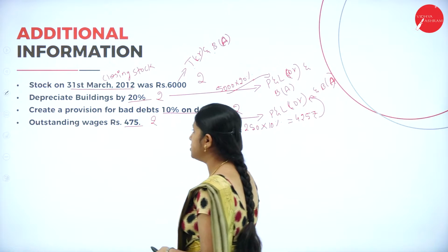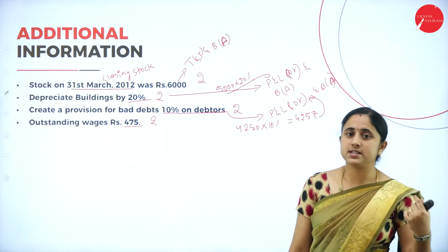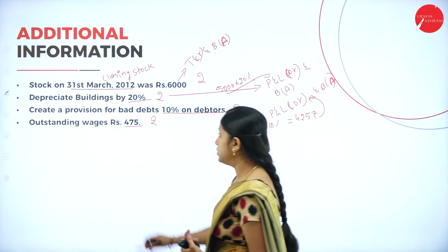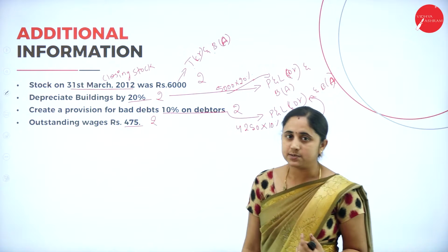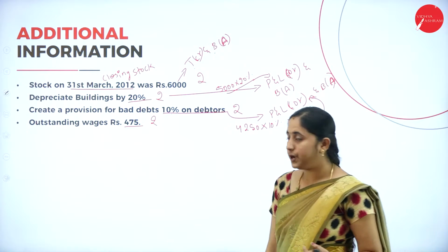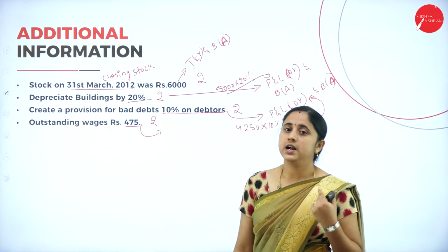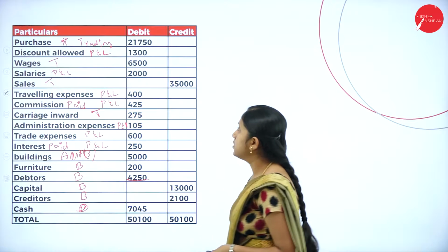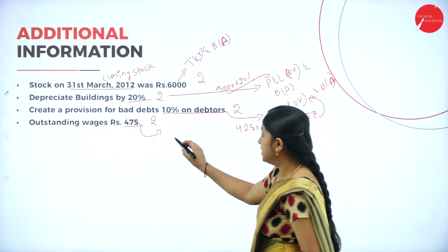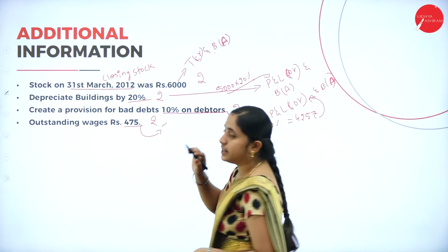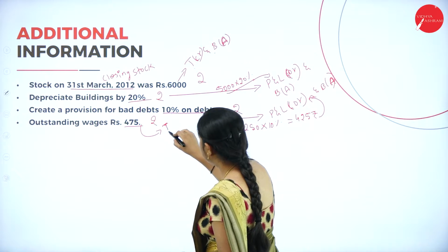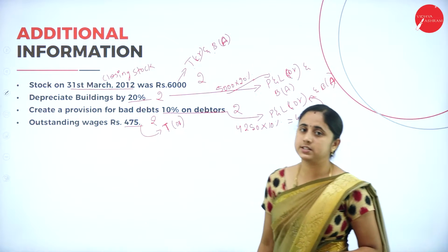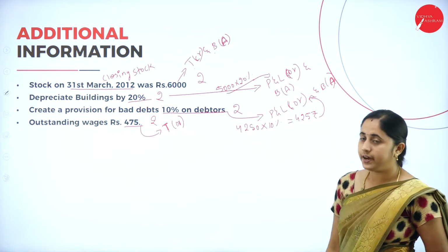Next, outstanding wages. Outstanding wages means wages occurred but not yet paid. So outstanding wages is an outstanding expense. Wages is a trading account item. In the trial balance we have wages rupees 6,500. So 6,500 we will consider in the trading account. So outstanding wages, trading account debit side, you will add with 6,500, that is 475 rupees.